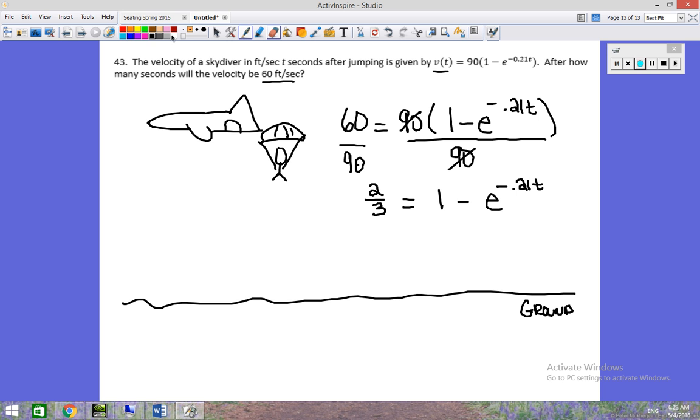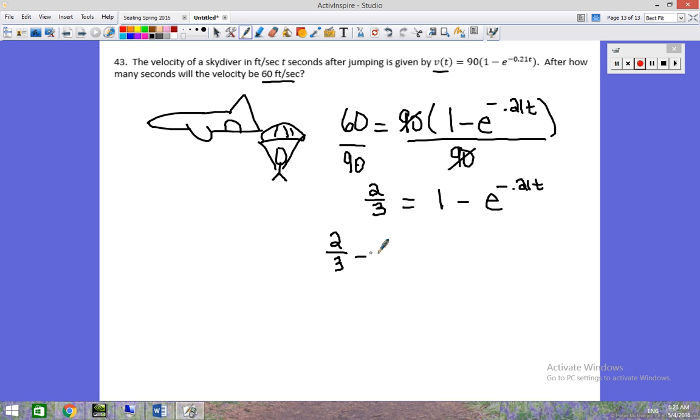All right, I'm going to erase my ground to have a little bit more room to work with. So these two terms here, I want to get the term that has the variable by itself. So let's subtract 1 from each side. We've got 2/3 minus 1. I'll write 1 as 3 over 3, and 1 minus 1 is 0. Now don't forget that negative sign, and we've got this.